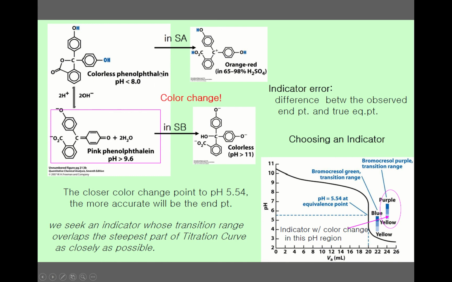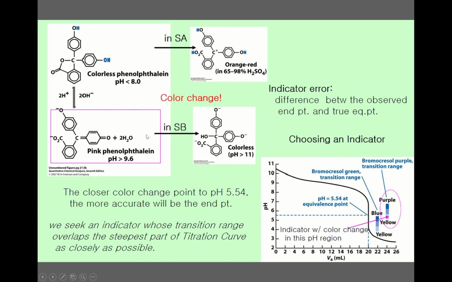But what about in a strong acid, like in sulfuric acid? This part is also protonated, and then it takes an orange-red color. But this is an exception, because we don't have many cases working in this very strong acid.